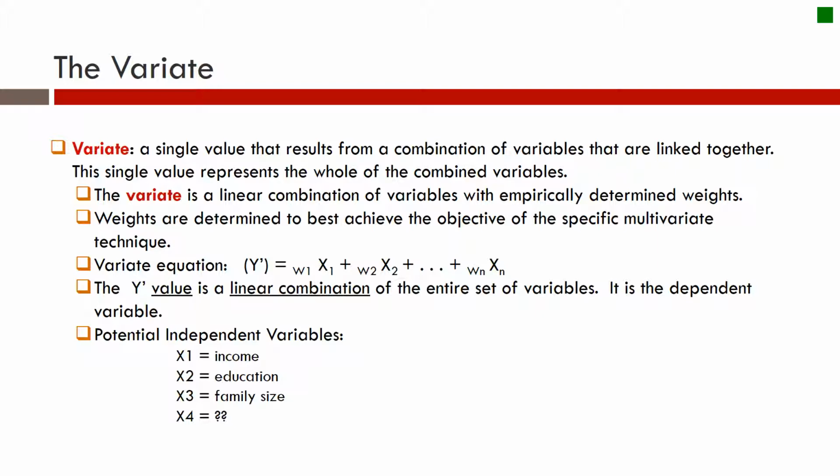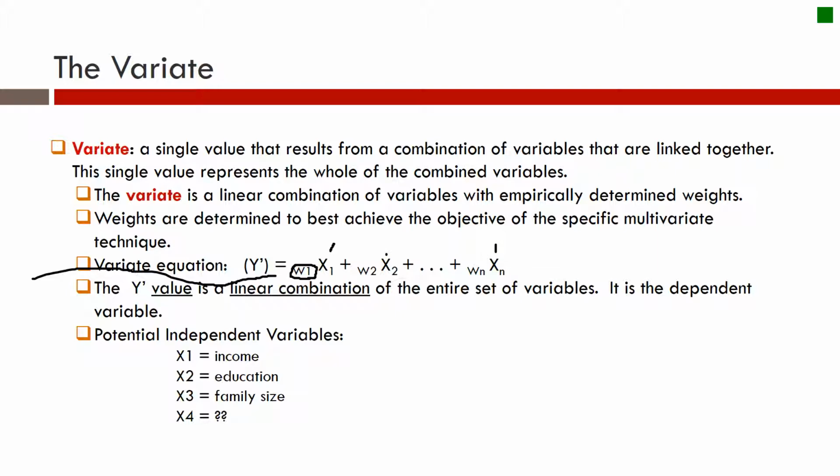If you look here, this formula looks a lot like a regression, where we have these individual variables, x1, x2, all the way to xn, and then some type of weight associated with each.